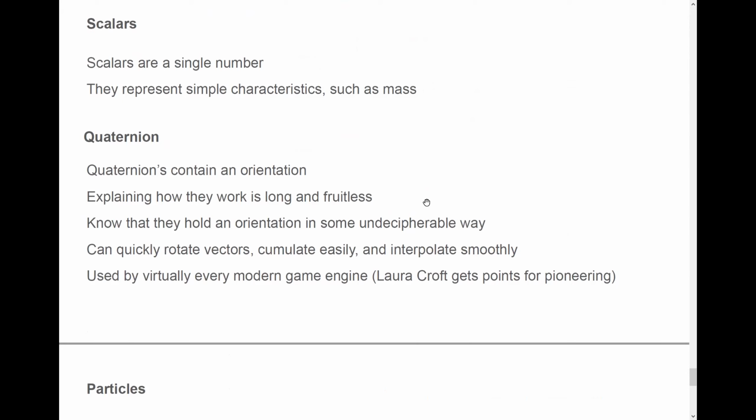They represent a characteristic such as mass. Quaternions contain an orientation, which means they can rotate vectors, and also interpolation is smooth.